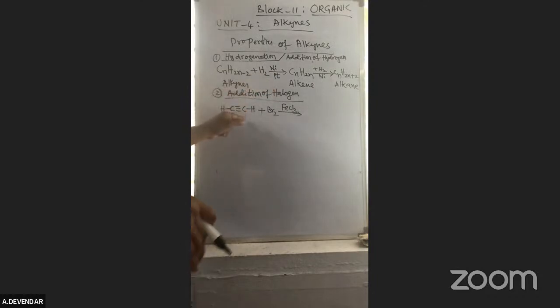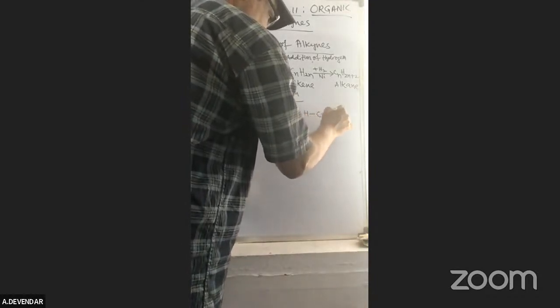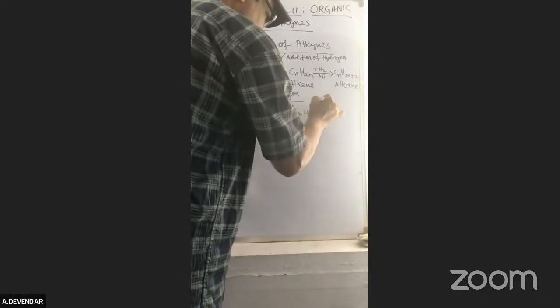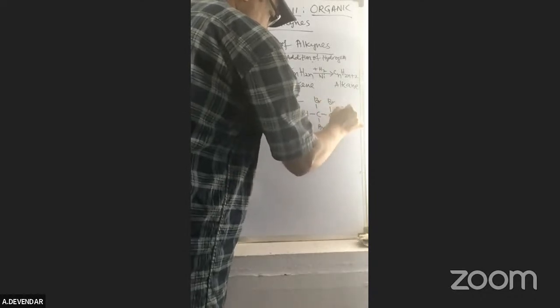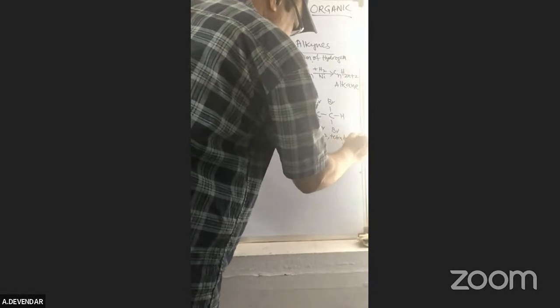This halogenation takes place and forms, see, I'm writing directly. Tell me the name of this one. 1,1,2,2-tetrabromoethane.